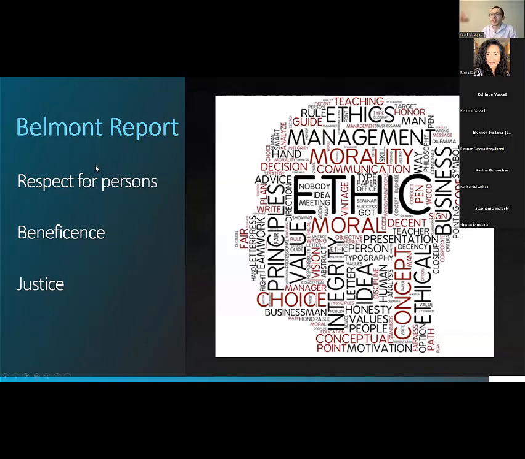So anyway, this Belmont Report was brought into act, and respect for persons is the first item, and that is making sure you treat everyone with dignity, that it's a voluntary issue, so they can volunteer to or not to consent to the research.